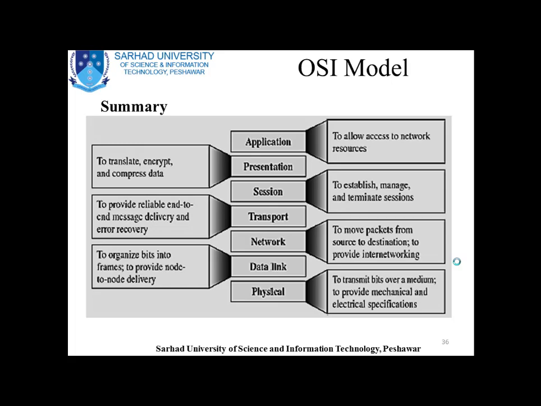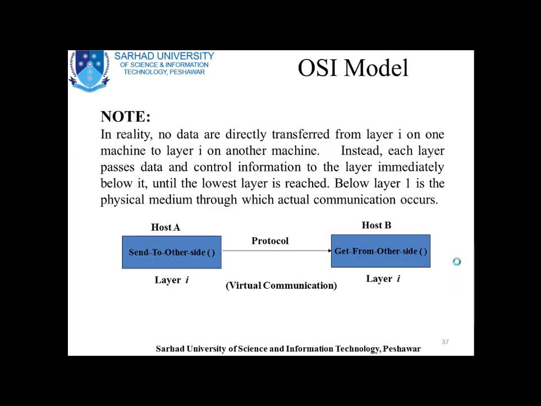The network layer basically moves packets from source to destination, providing them a path, known as routing. And the data link layer organizes the bits into frames and provides node to node delivery. And the last or the first layer of the OSI model, the physical layer, manages mostly the channel or transmission media.